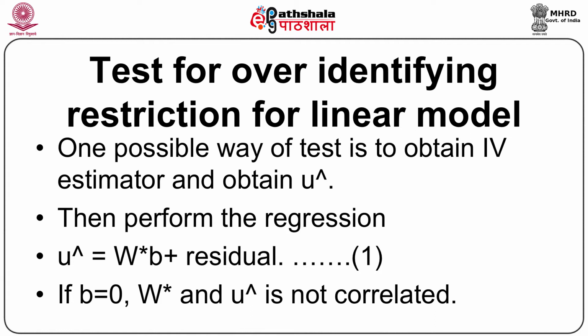Then we regress U hat on W star, obtain the value of b, and test whether b is equal to 0 or not. If b is equal to 0, we say that U hat is not correlated with W star.